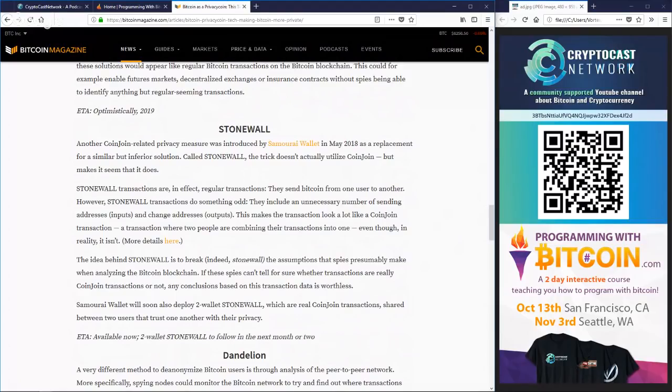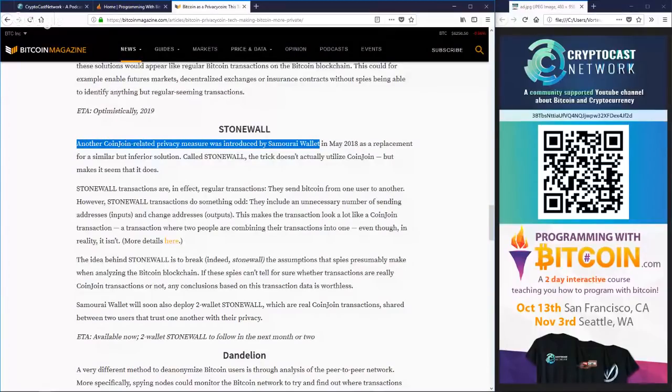a kind of CoinJoin-inspired trick. As I explained, CoinJoin is this trick where different users merge their transactions into one transaction, which is useful. Stonewall doesn't do this, but they pretend to be doing this, right?